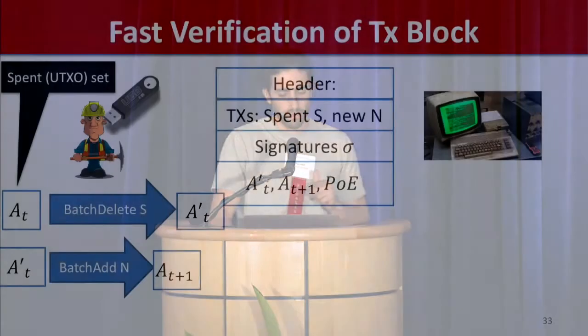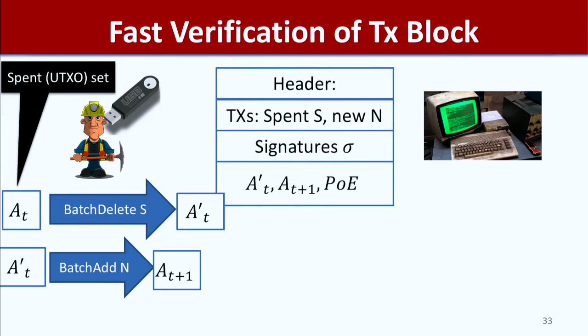So batch delete all of S from the UTXO set, produce a new head of the accumulator A prime T, and then also batch add all the new outputs that were created. And that is going to go into the transaction block.